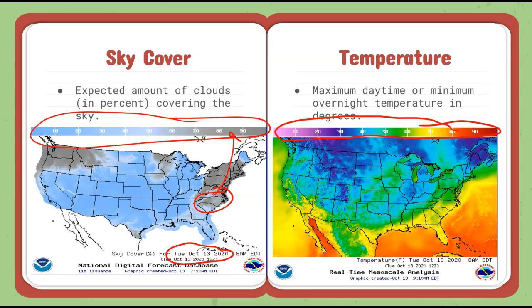North Carolina's in the green to yellow, so between that 50, 60, and 70 degree mark, whereas other parts of the country are quite colder, especially up here in the Northwest, Montana and Colorado area.